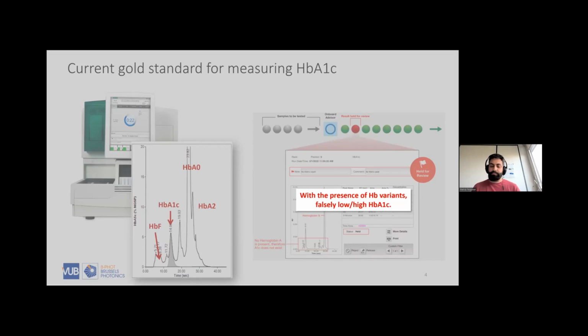Now, there are alternatives or solutions to that problem, which means that I already used this chromatography device, and now I have to use a bulkier, more expensive device as a second test to see what is actually true.